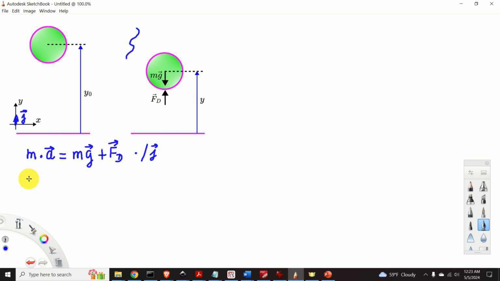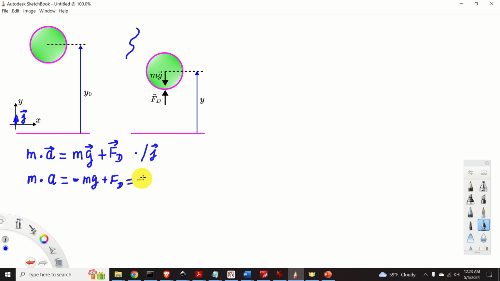We have m times a, where a is the intensity of the acceleration, is equal to, let's see from here, the projection of mg onto the y-axis is minus mg, and the projection of this force Fd is simply plus Fd.